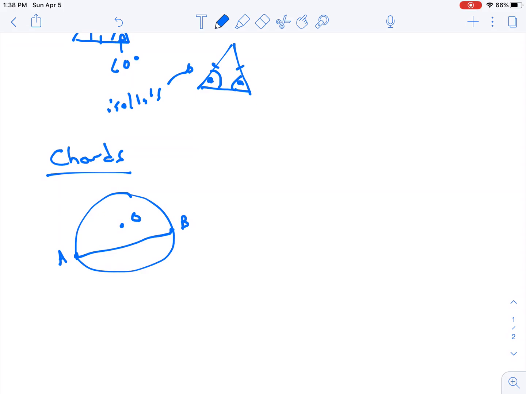Now when we're looking at this, we can develop another rule connected to chords.